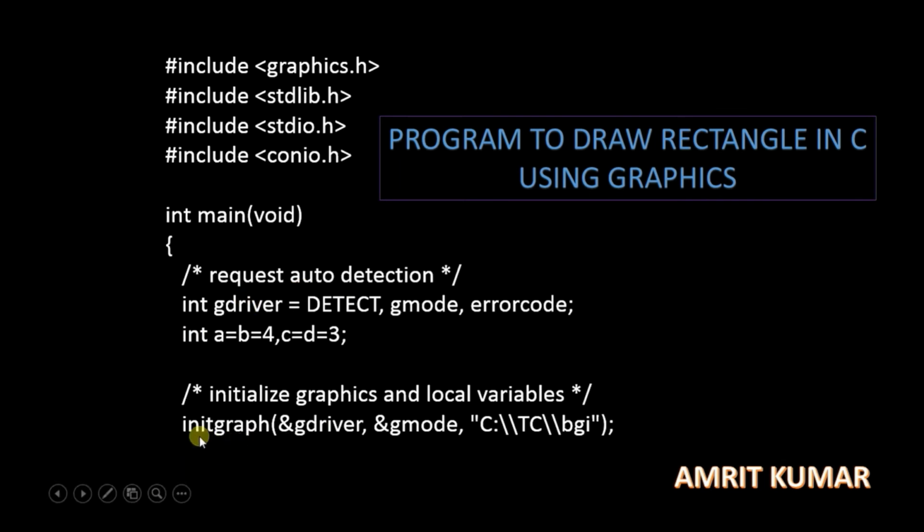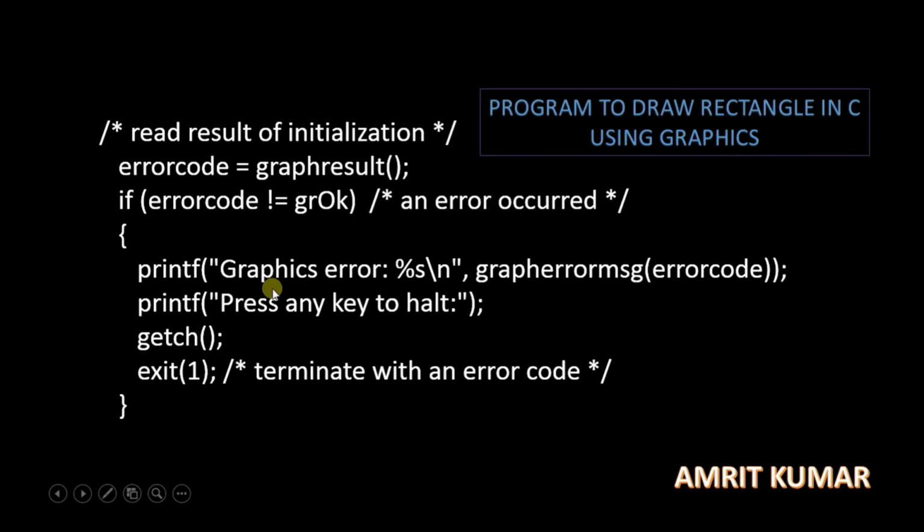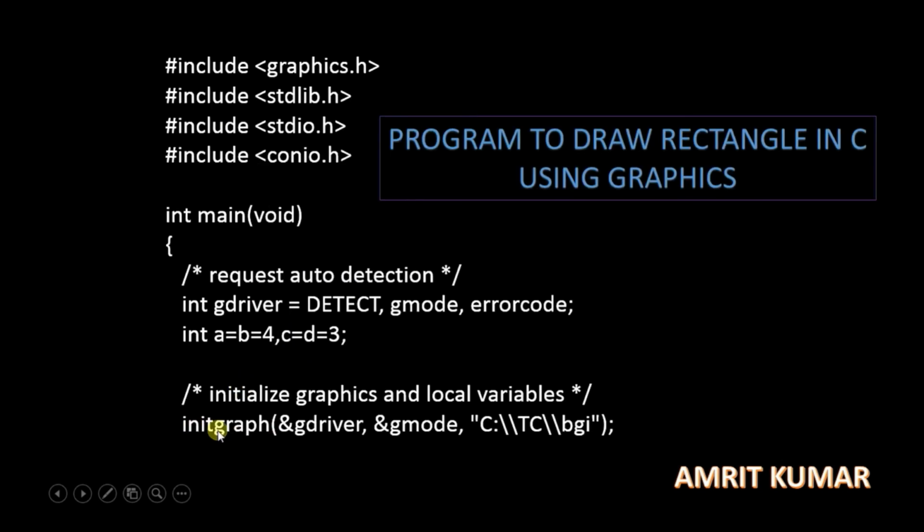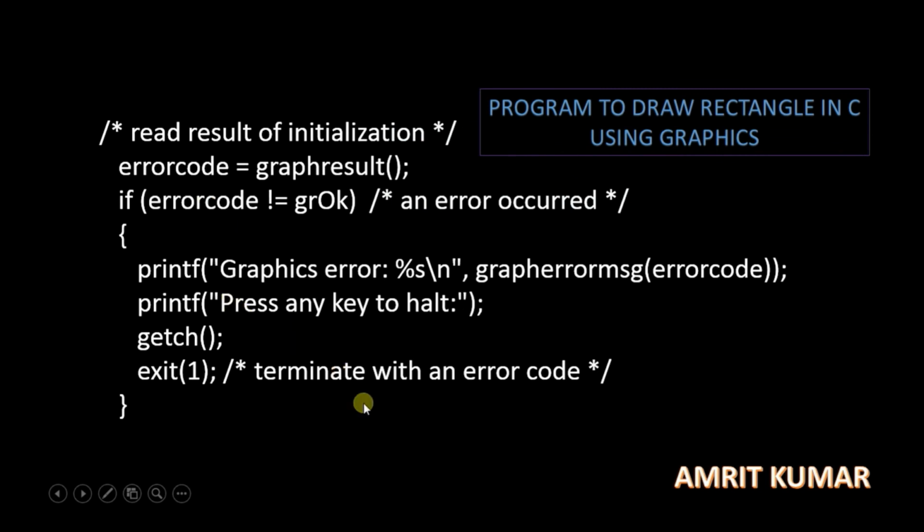If initialization is successful, this error is not going to be displayed. If there is an error, then the graphics error will be displayed because of this code. So after the initialization, I am using the graphics error code.